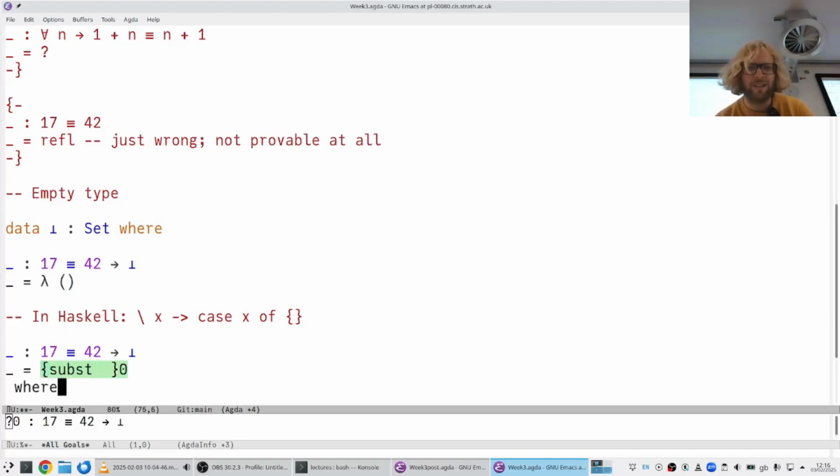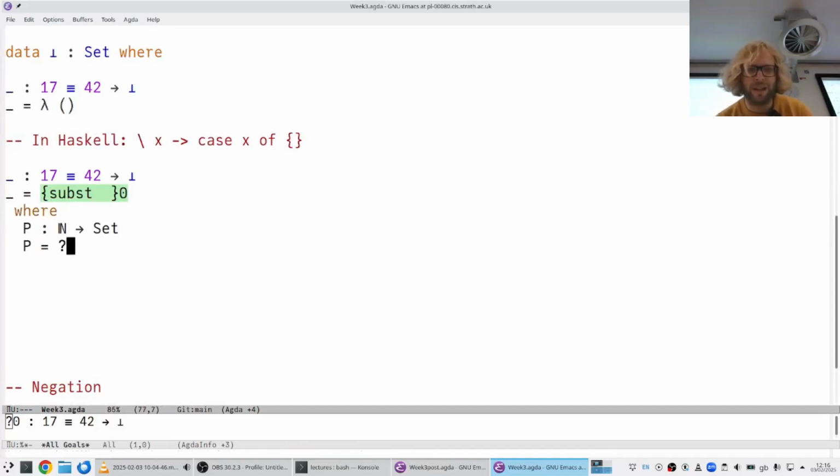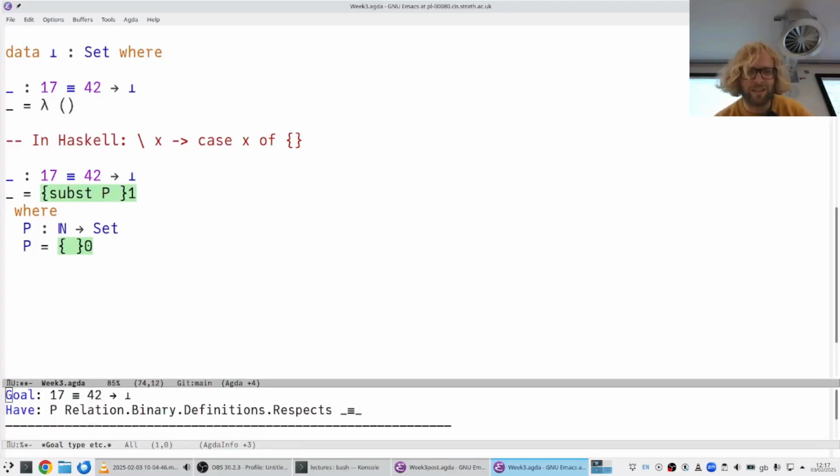I don't know, you're pushing the limits. So if I do subst p and then I would like to give this proof, I'm just going to name this lambda.